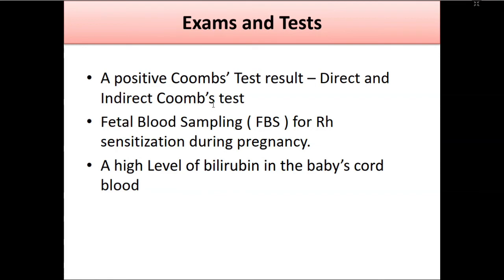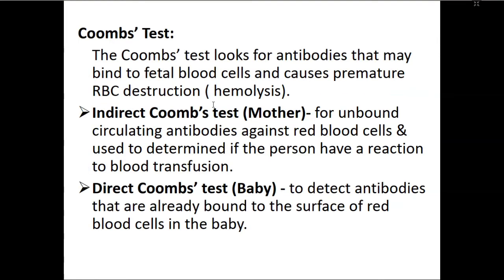Coombs test to look for antibodies, as I have discussed, that may bind to fetal blood cells and cause premature RBC destruction. This is hemolysis. Indirect Coombs test, which is carried out in mother, for unbound circulating antibodies against red cells and used to determine if the person has a reaction to blood transfusion. Direct Coombs test to detect antibodies that are already bound to the surface of red blood cells in the baby.